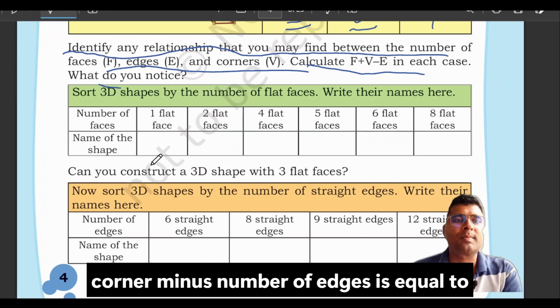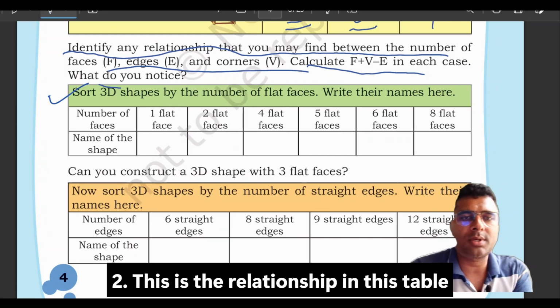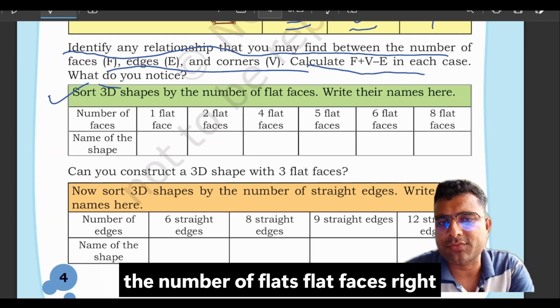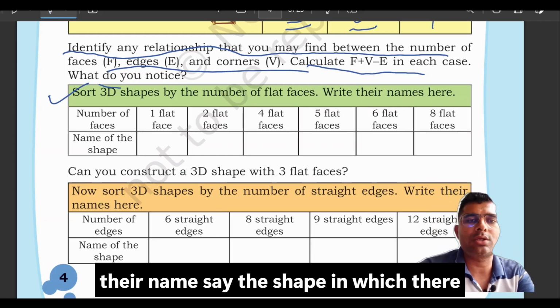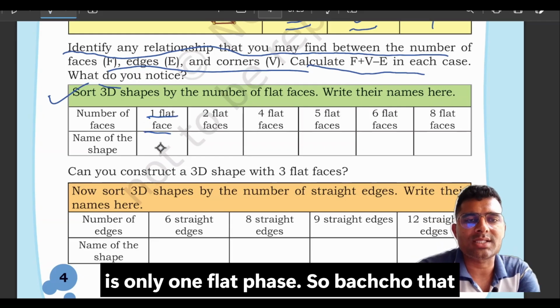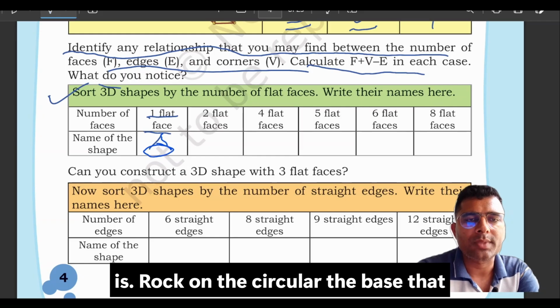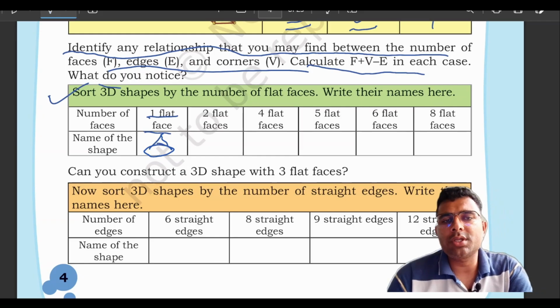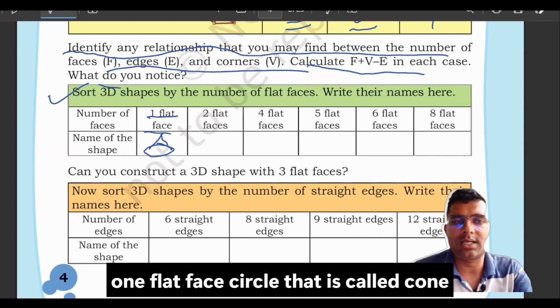This is the relationship. In this table we have to fill in the 3D shape by the number of flat faces. Write their names here. The shape in which there is only one flat face, bachcho, that is a cone. The base, the circle, is the only flat face, that is called a cone.